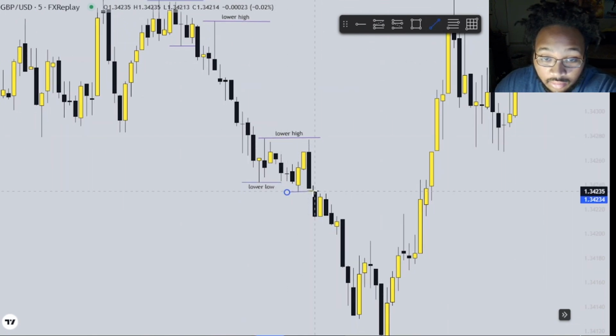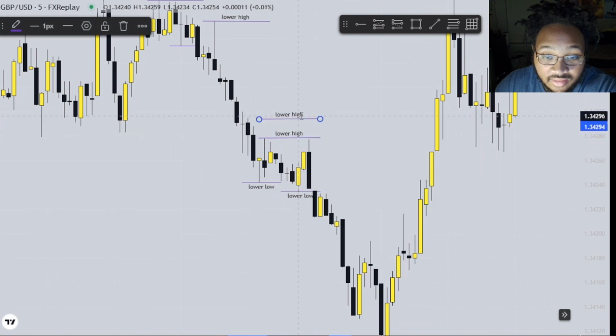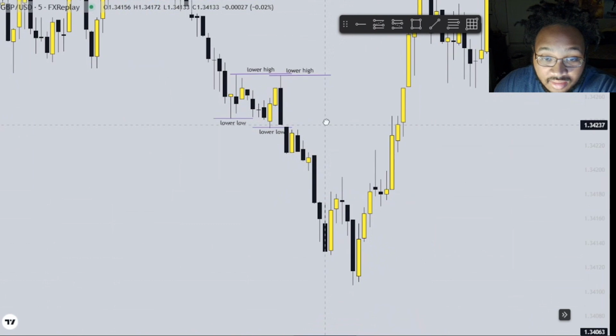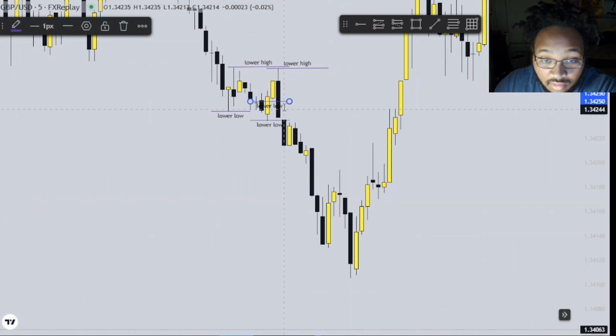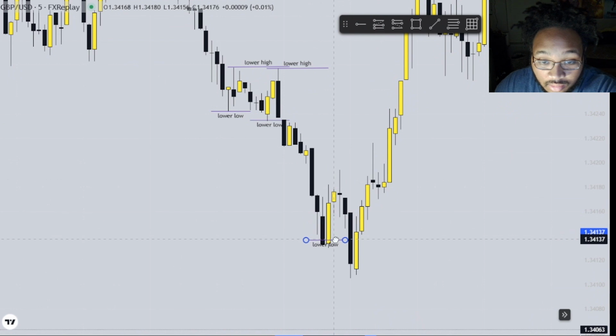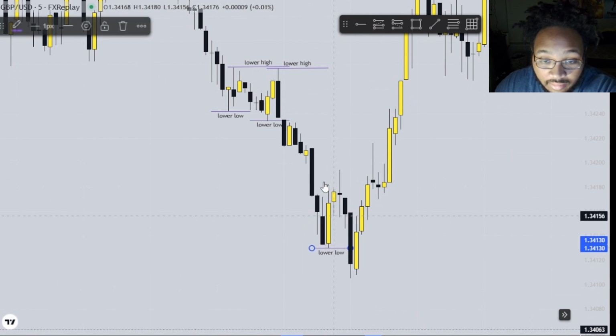Let me do this instead. This will be way better. Yeah. We got lower low. Got another lower high right here, just a little bit lower. We have our lower low right there. Yeah, right there.